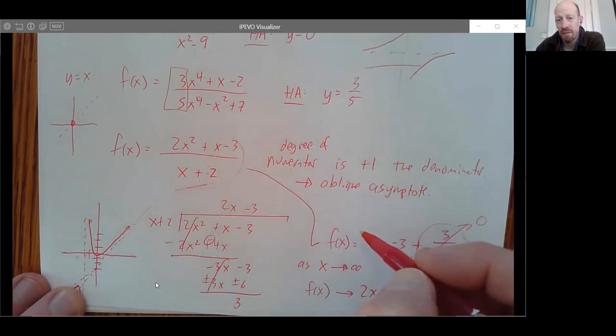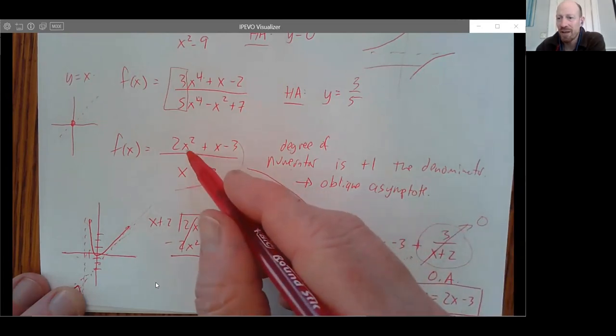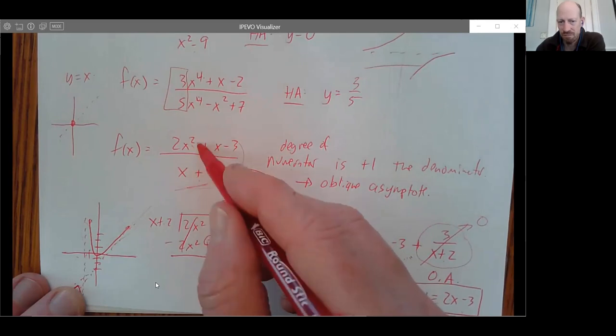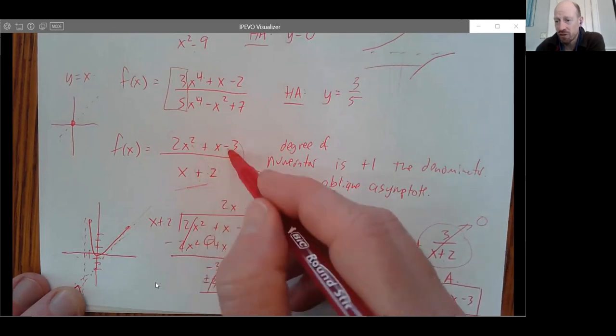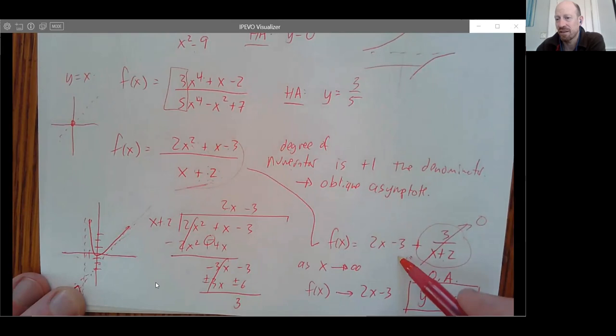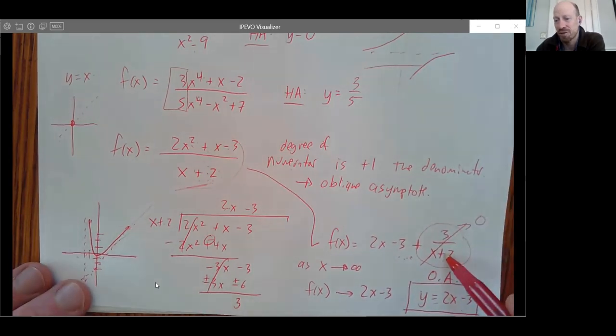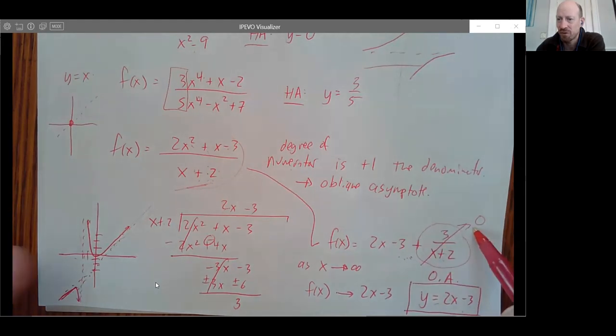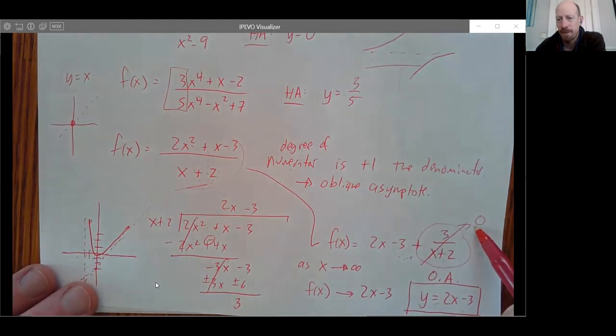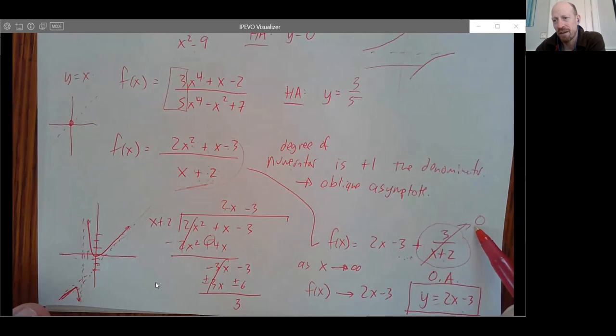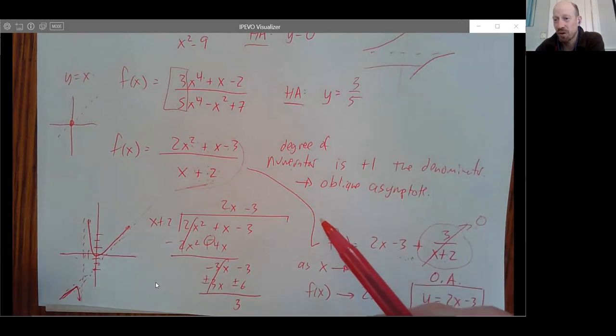So any time the degree is 1 larger, when you do the division, you will always get a line, y equals x, plus some other junk, right? But this other junk is always going to be larger on the bottom than the top. It's always going to go to 0. And you do know that, but it comes from really understanding how division works.